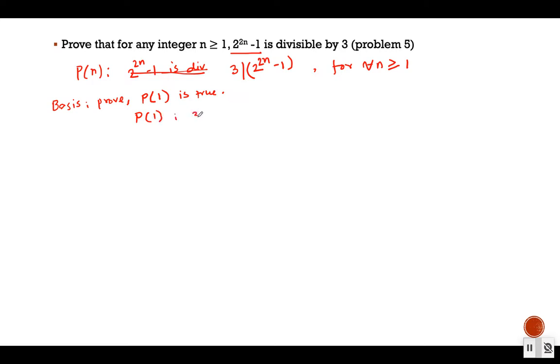So what is P(1)? That means we have to see whether 3 divides 2 to the power 2n, which is 1, minus 1. Let me use multiplication so it will be clear: 2 times 1 minus 1.